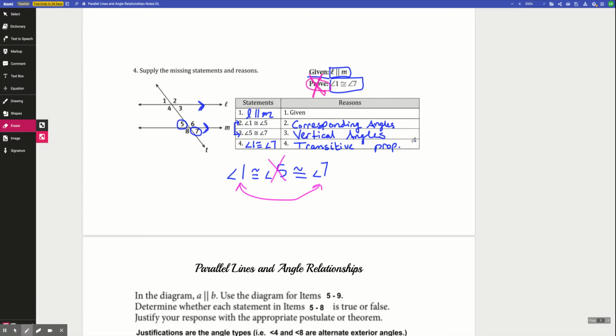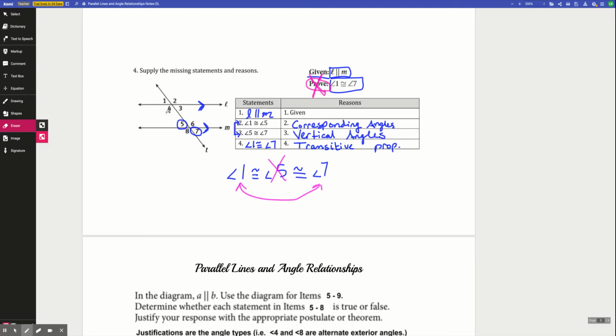Okay, so that is a very short, very simple two-column proof for some angle relationships. Remember, when you're doing proofs, you always want to ask yourself, what else do I know? If I know the lines are parallel, what else do I know, and what will help me? There are a lot of angle relationships in this picture. They're all true, but they're not all going to help me.